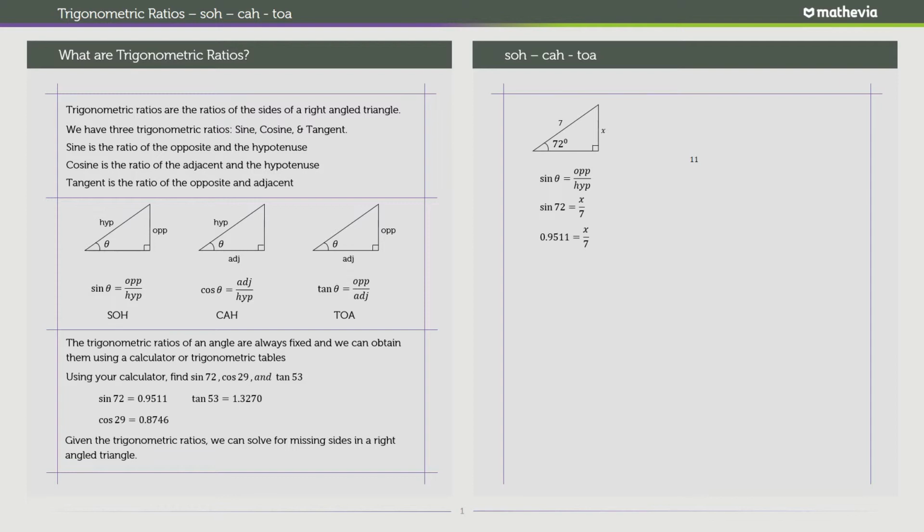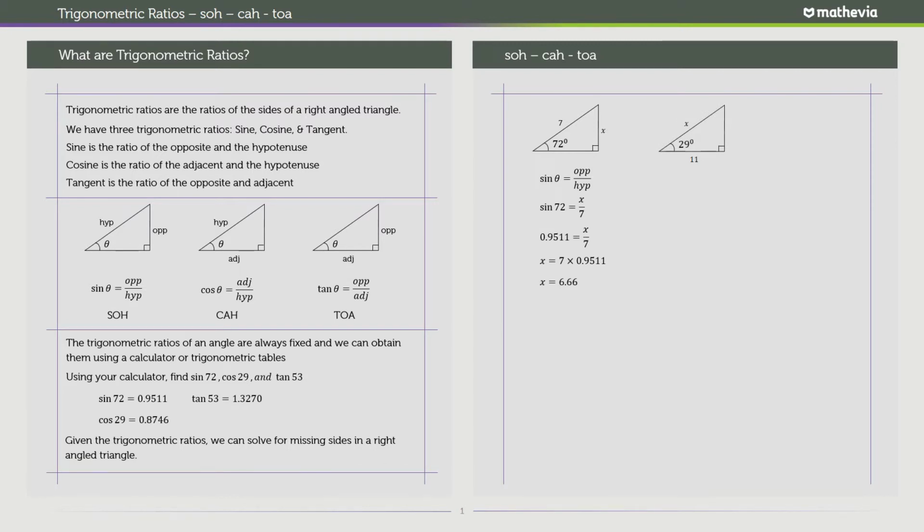From what we did before, sine 72 is 0.9511, so 0.9511 equals x over 7. From this point on it's a simple matter of algebra: cross multiply. x equals 7 times 0.9511, and in the end x equals 6.6.